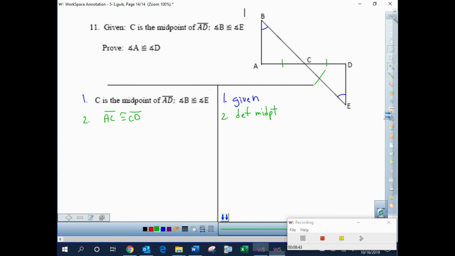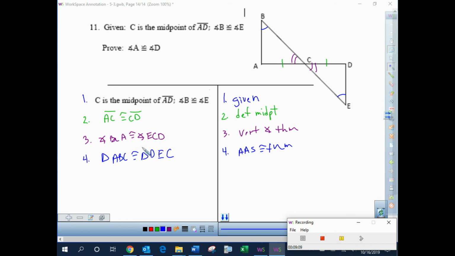I don't have enough information right now, so I go through the checklist. I do not have a shared side, but I do have some vertical angles in this case, so we're going to use them. So I had to use double arc marks to mark them, and this is angle BCA congruent to angle ECD by the vertical angle theorem, and now I have enough information to prove these two triangles congruent.